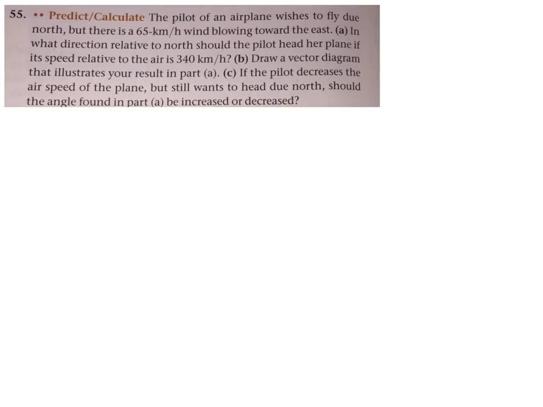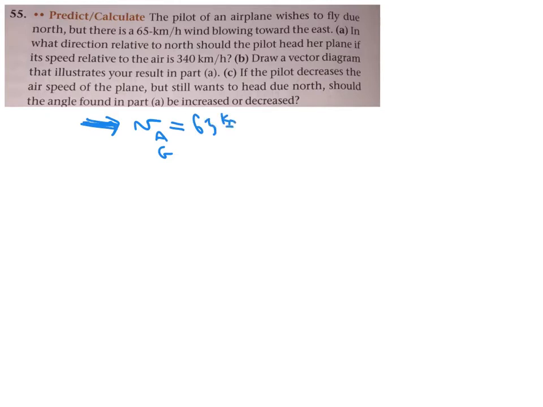So if the pilot wants to head due north but is being blown eastward, then the plane is going to have to go some angle west of northward. It won't be able to head due north. You'll have to head somewhat westerly. And the way to see how this will work out is that we want the air to be going in this direction, where that's the speed of the air relative to the ground, and we're told that it is 65 km/h.